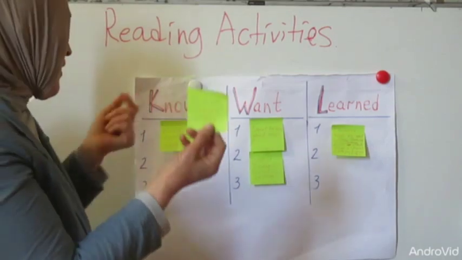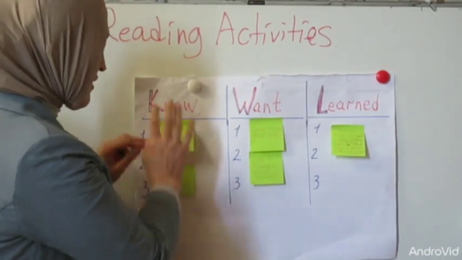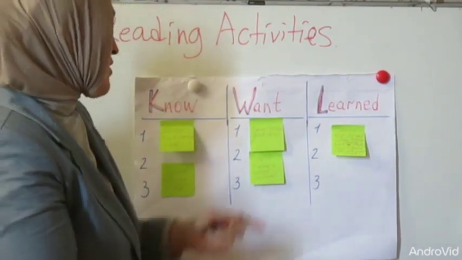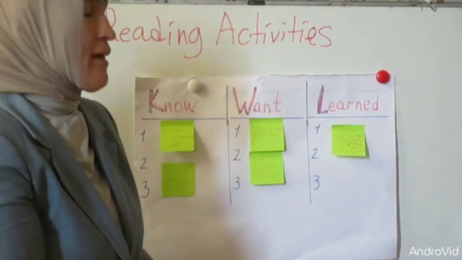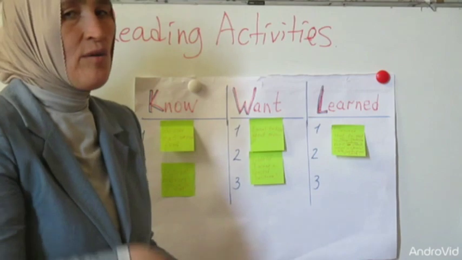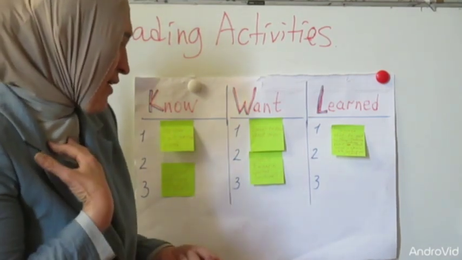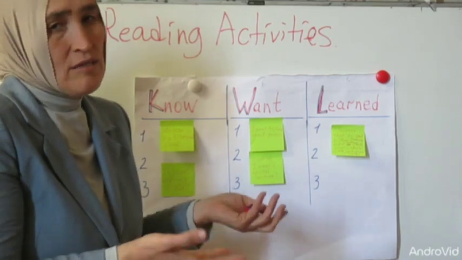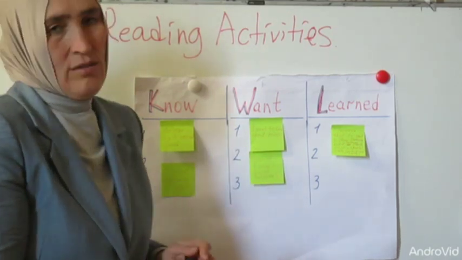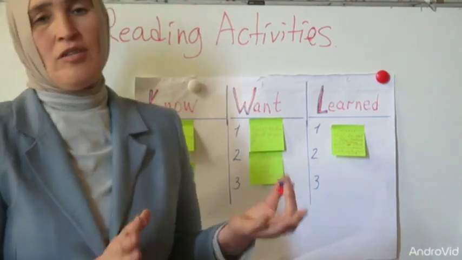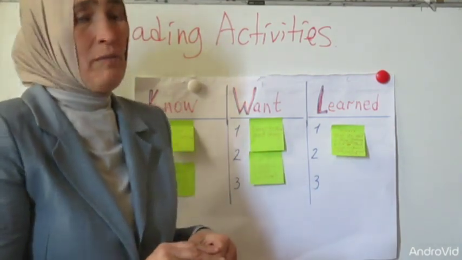They know these things beforehand, and then for the want part, they wrote, I want to know about prices in those places. And the second one, should I wear a special costume? That student is wondering, should people wear some special costume to go to the unusual places?